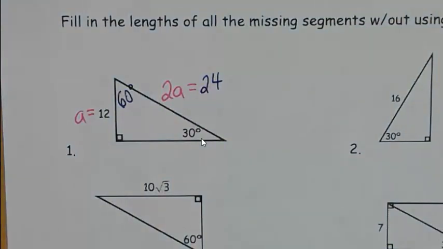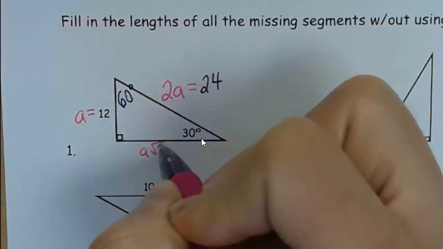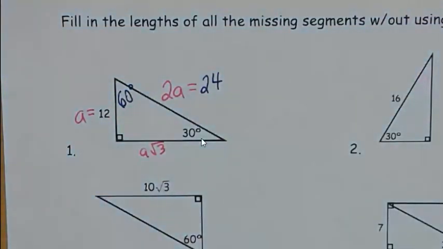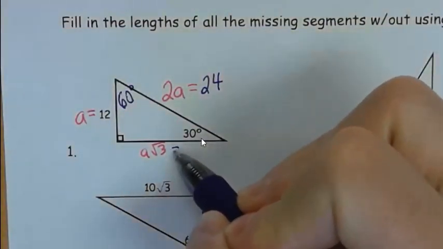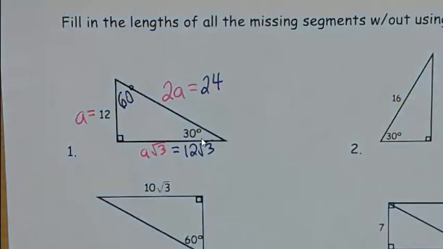And since our 60-degree side is going to be A times the square root of 3, we can label that as A root 3. And if we know that A is 12, that means for our last one we have 12 times the square root of 3. And we can see how easy it is to find these missing sides. Moving on to number 2.